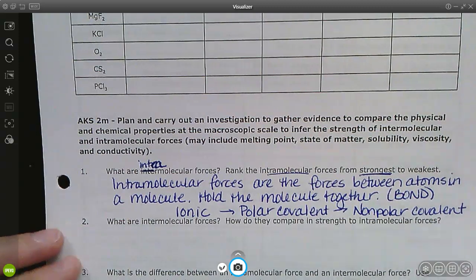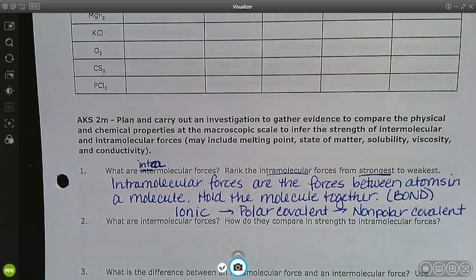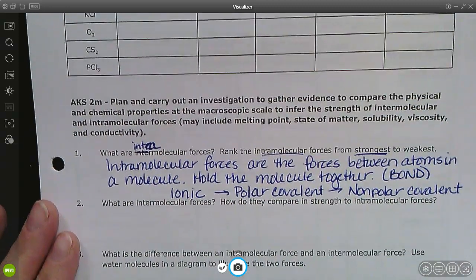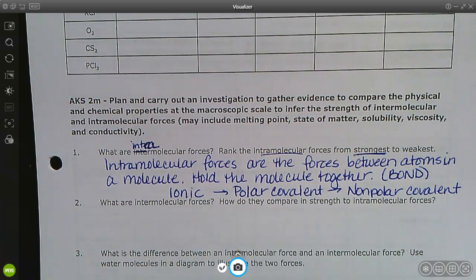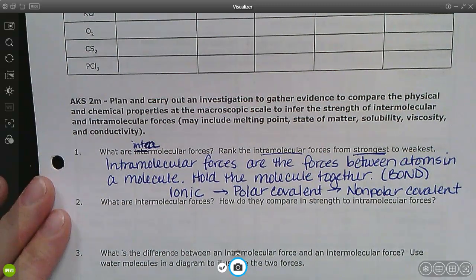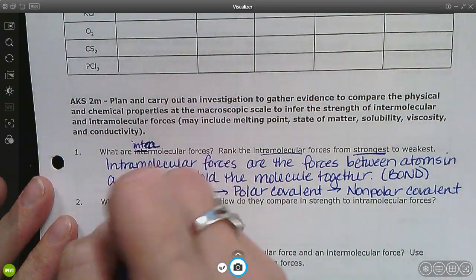Ionics are very strong because you're attracting positive and negative charge like two very strong magnets. Nonpolar covalent has no charges, so they don't have that strong attraction. Intermolecular forces, and how do they compare to intramolecular forces?